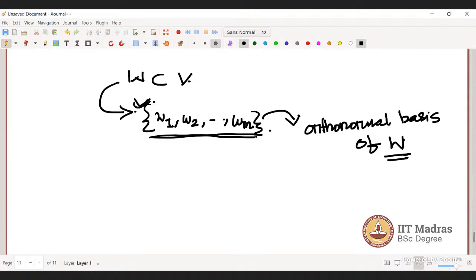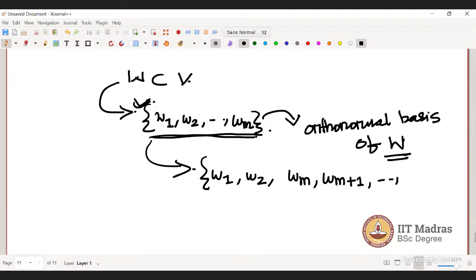Now you can extend this to a basis of V. Yes, sir. So Wm plus 1, Wm plus 2, up to Wn, say.